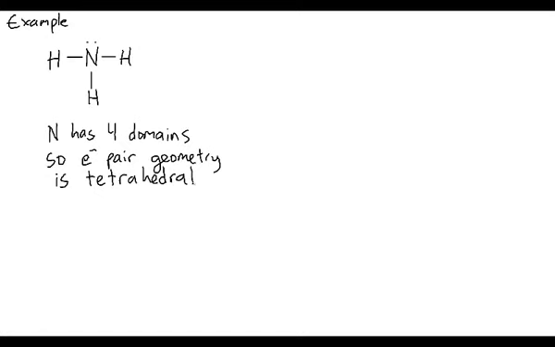In a tetrahedral geometry, you have 4 things coming off the central atom. One of them comes towards you and one of them goes away from you.